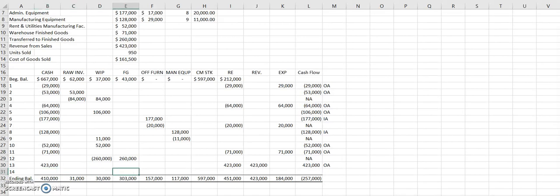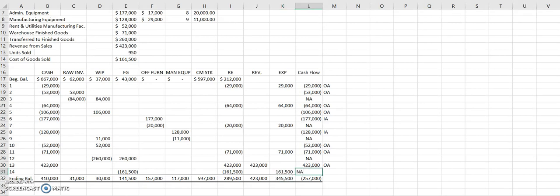What we're showing is that the finished goods are no longer ours, so we're going to reduce our finished goods inventory, and we're going to reflect that in our retained earnings account, the cost of those items that we sold. Okay, that's going to be an expense for our income statement of $161,500.